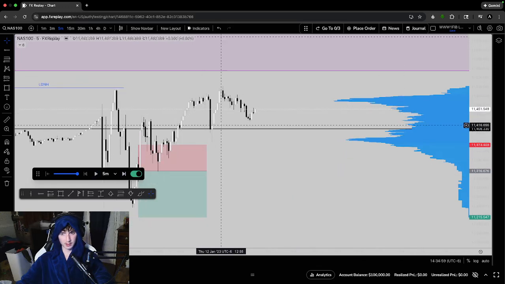Surely this is a good spot to long, right? 5-minute inversion. 1-minute inversion right here.